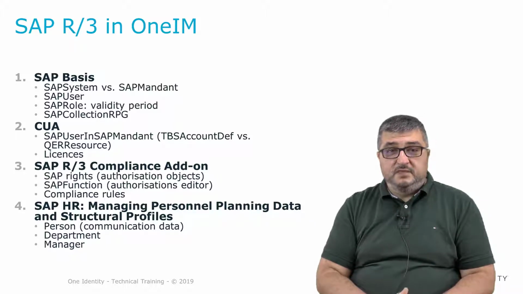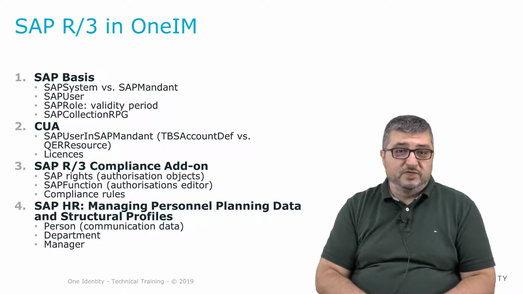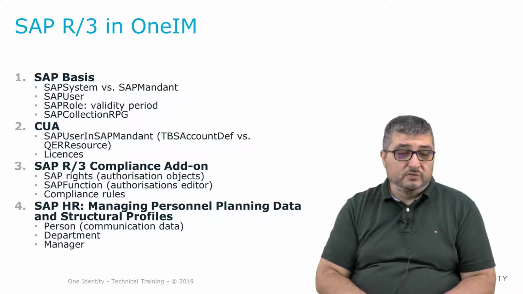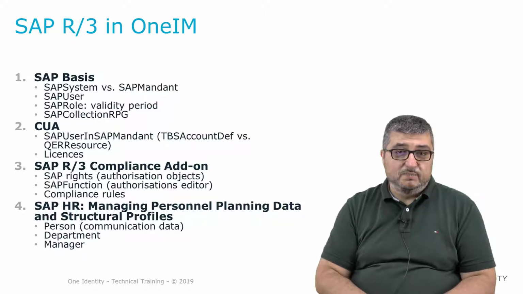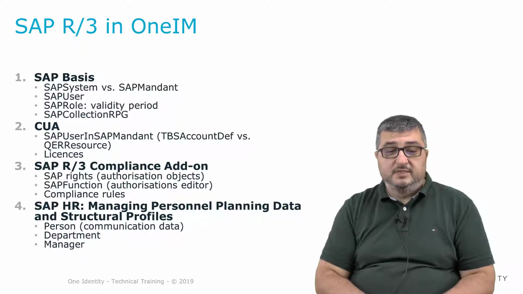Additionally, if the synchronized client is a CUA system, we will have additional tables to maintain information about sub-users in specific clients that are managed through the SAP CUA master client. We have licenses information, which is also available in the SAP Basis synchronization, but also used in the CUA add-on part, as well as the compliance and HR structural profiles component.